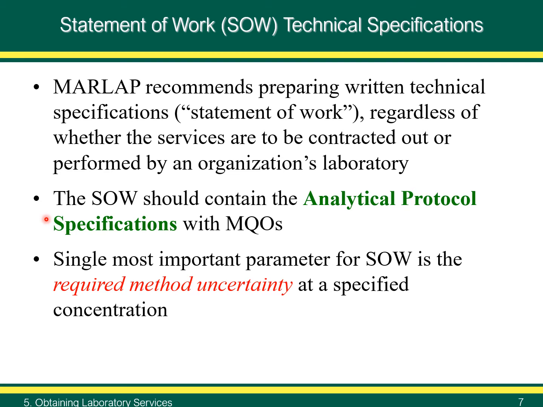A Measurement Quality Objective, or MQO, is a qualitative or quantitative statement of a performance objective or requirement for a particular method performance characteristic. Under MARLAP, the single most important parameter for each radionuclide matrix combination in the SOW is the required method uncertainty at a specified concentration, or U sub MR.